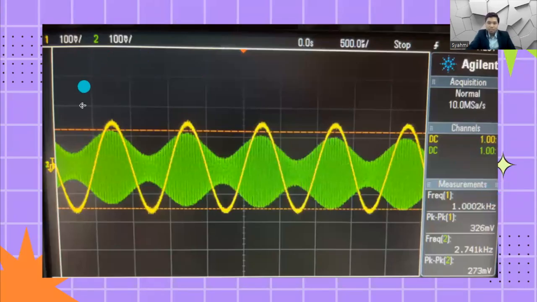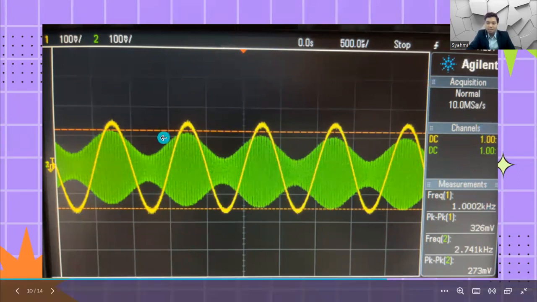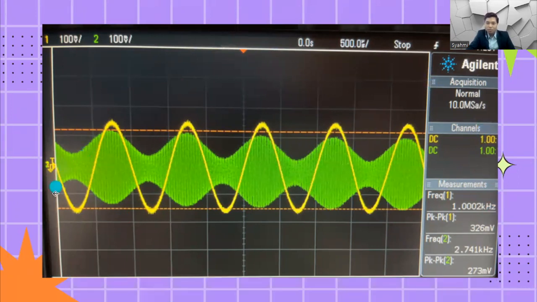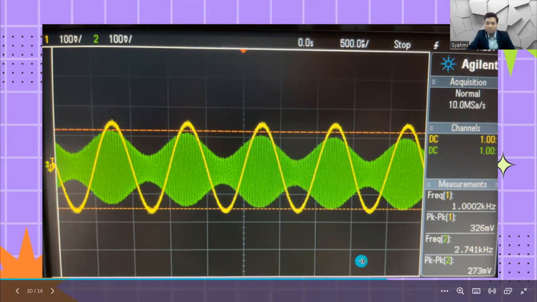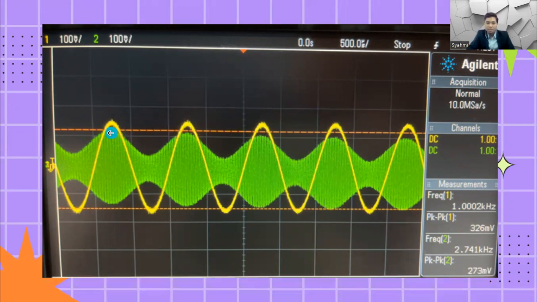So this is the result of SSB amplitude modulation. As we can see, the yellow one is the input and original signal, and the green signal is the SSB modulation.